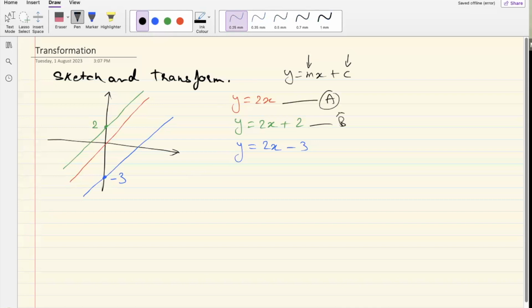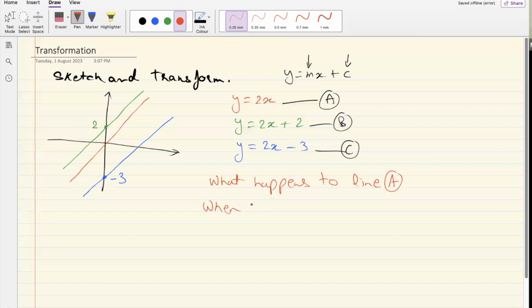Graph A, graph B, graph C. Question, the wording of question will be, what happens to line A when it moves to line B?